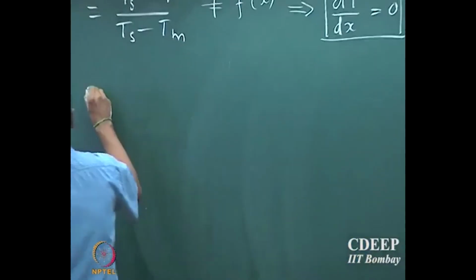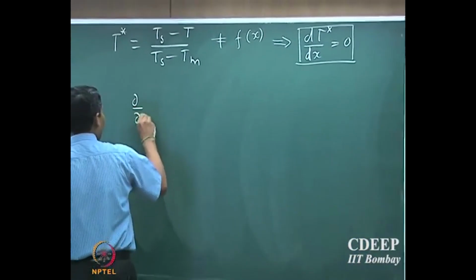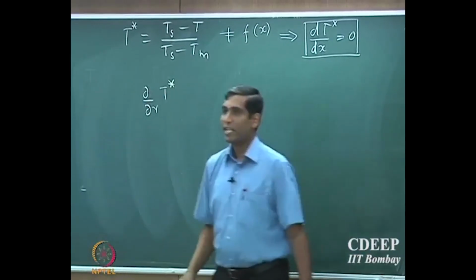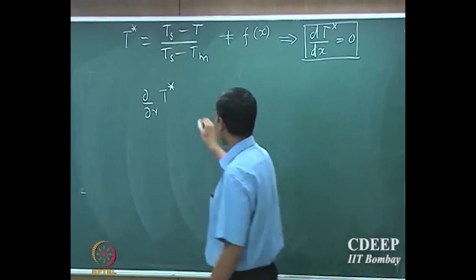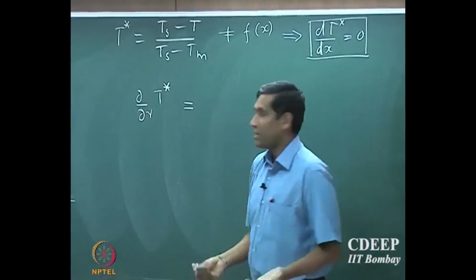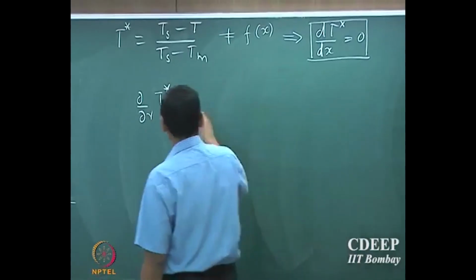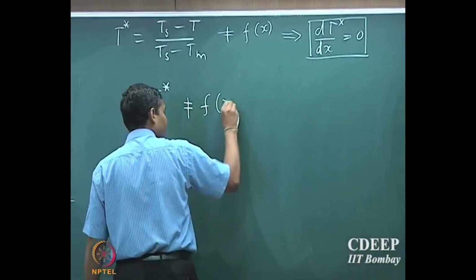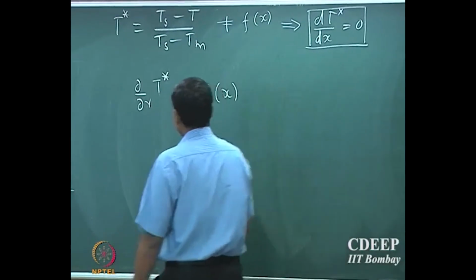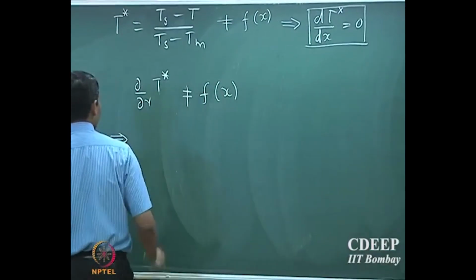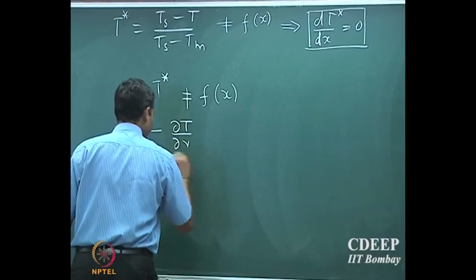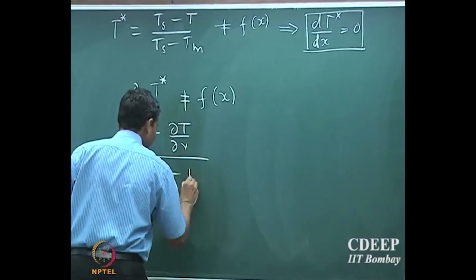So supposing now I take d by dr of T star, okay, is that a function of the x position? No, T star is not a function of x position, therefore this is also not a function of the x position, okay.